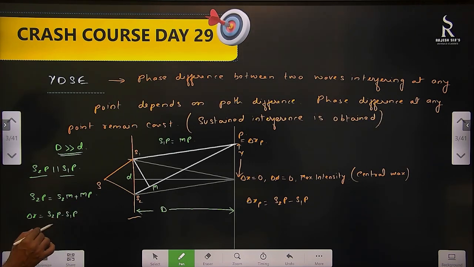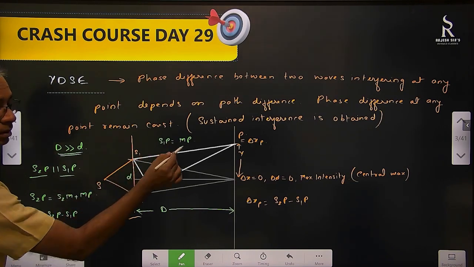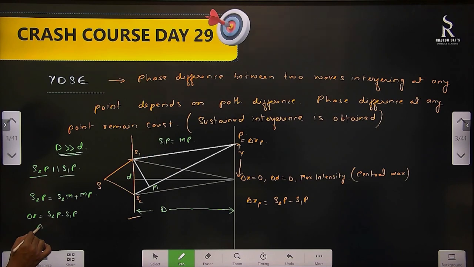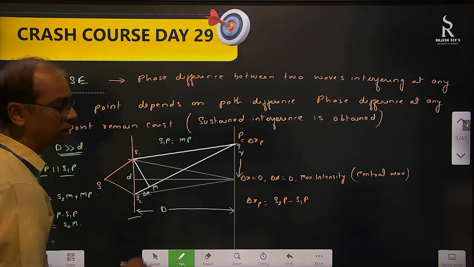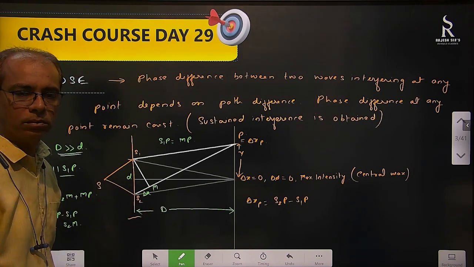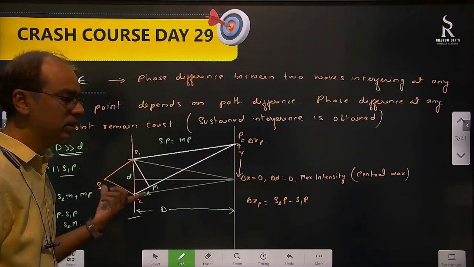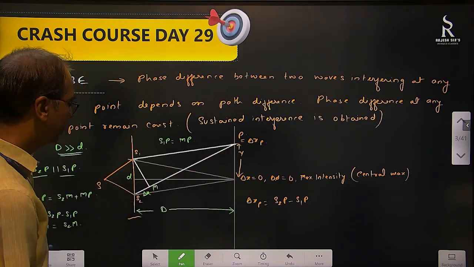So what will happen? S1P and MP are equal, as we have written here, so delta x will come out to be only S2M. So this is delta x, which we have to calculate. Now how to calculate that? It is very simple.